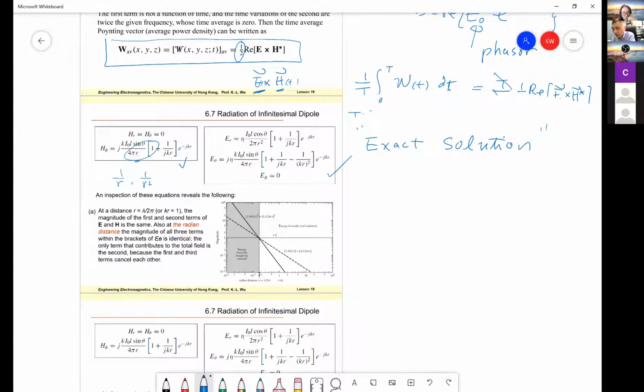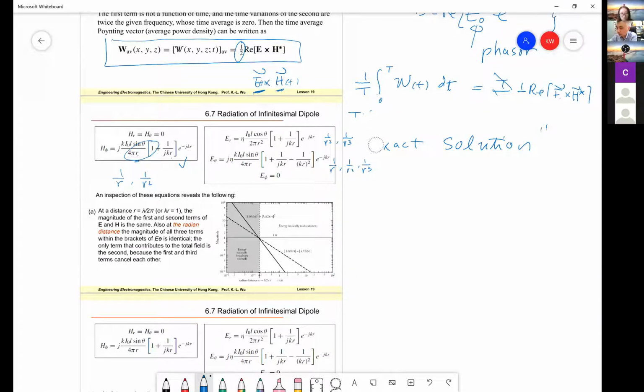And look at the electric field R component: we have 1 over R squared and 1 over R cubed. For the theta component, we have 1 over R, R squared, and R cubed.